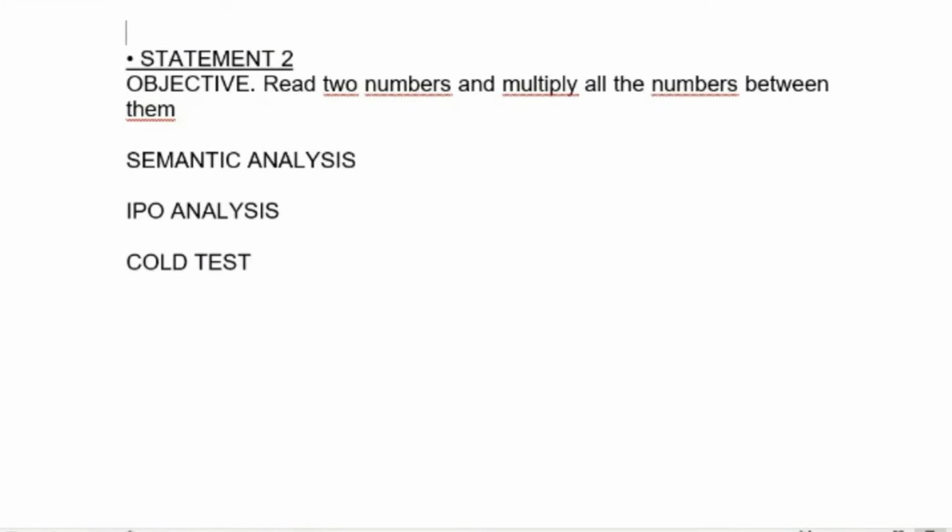And now let's see the second statement. The objective. Read two numbers and multiply all the numbers between them. Semantic analysis. Read. Remember what is read? Let's write again. Numbers, two values, of course. Multiply all the numbers between them.